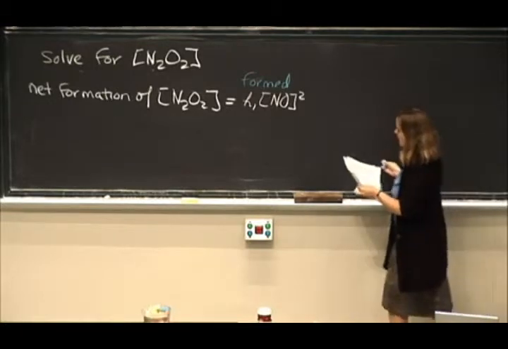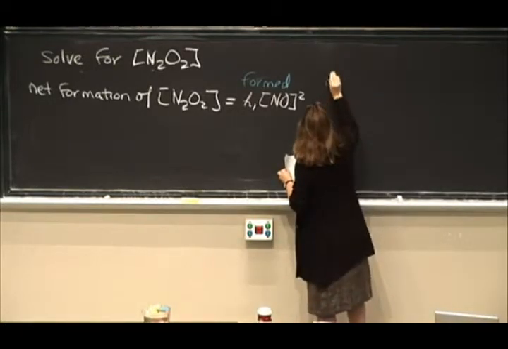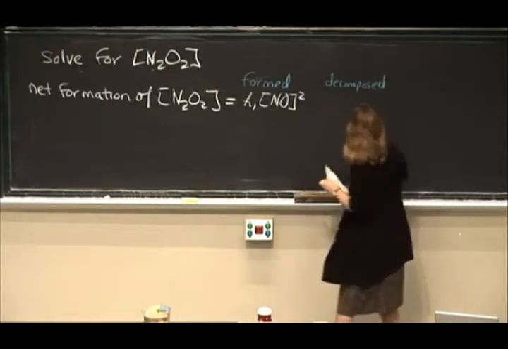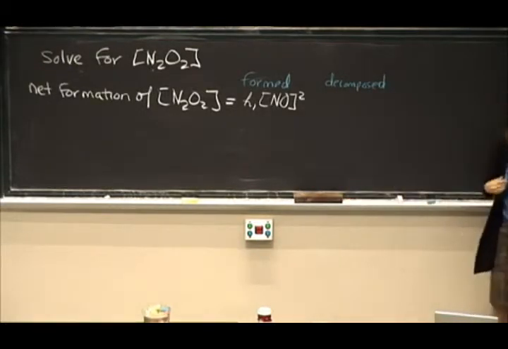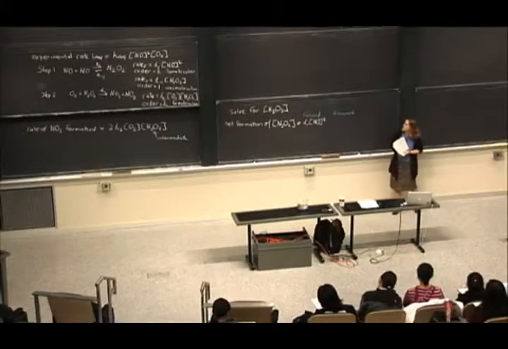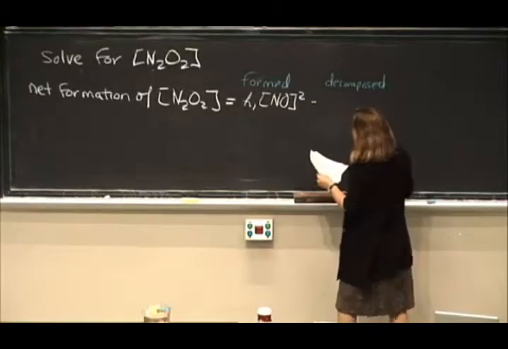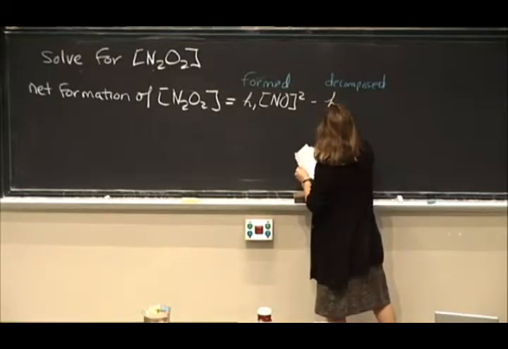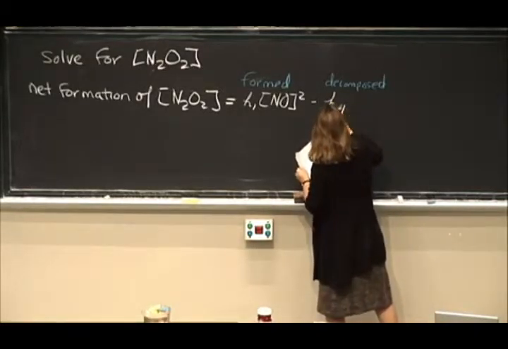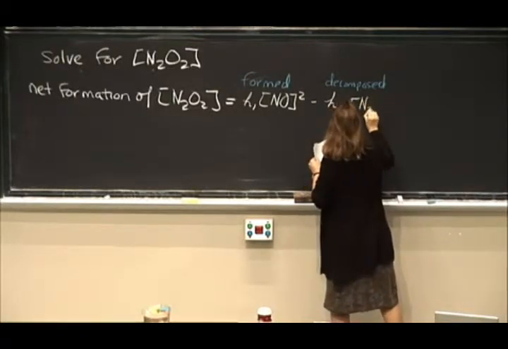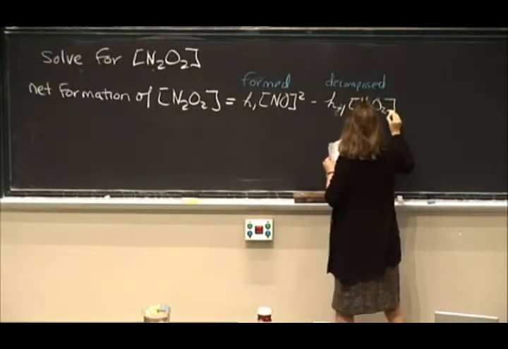Then we need to think about the rate at which it's decomposed. What step does the intermediate decompose in? Right, the reverse of the first step. So we're going to put a minus sign here, and K minus 1 times the concentration of the intermediate.